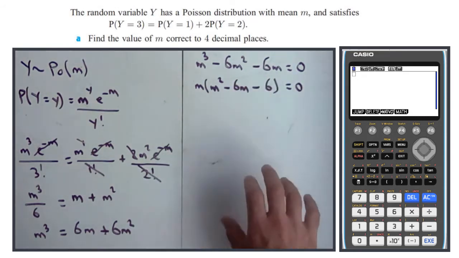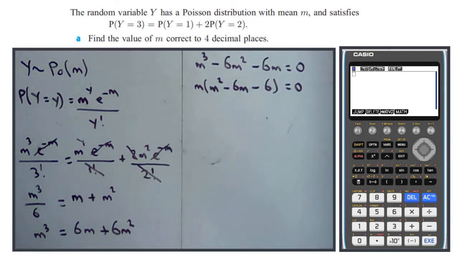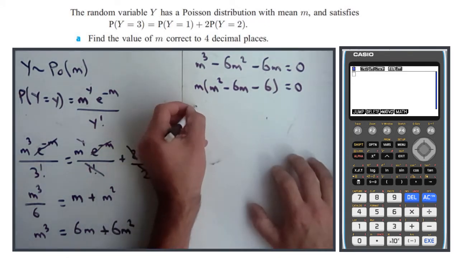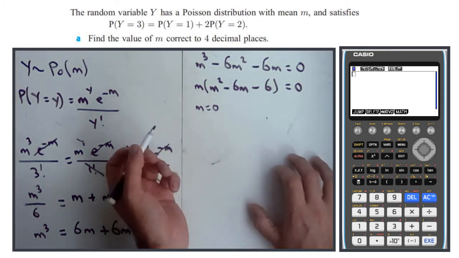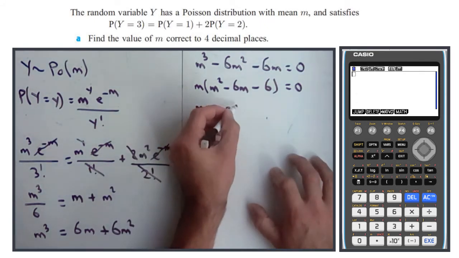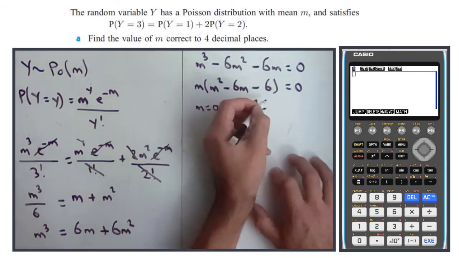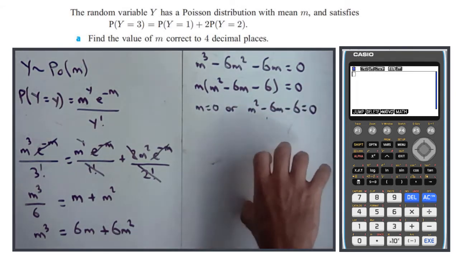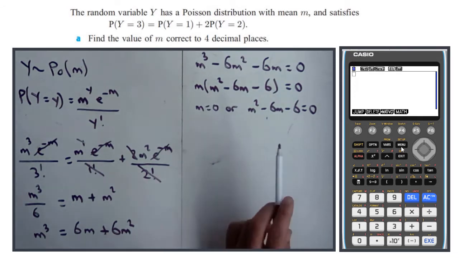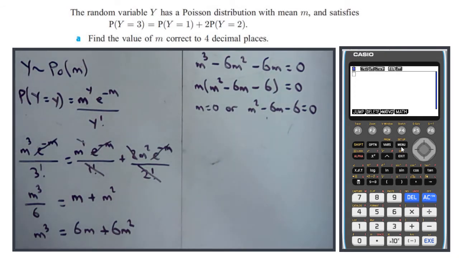So at this point we look to factorize the quadratic, and you see that it won't factorize, hence why we need a calculator really. So we know that m either equals 0, which doesn't really make any sense, or m squared minus 6m minus 6 equals 0. Seeing as this is a nice quadratic, I might even just go for the quadratic solver.